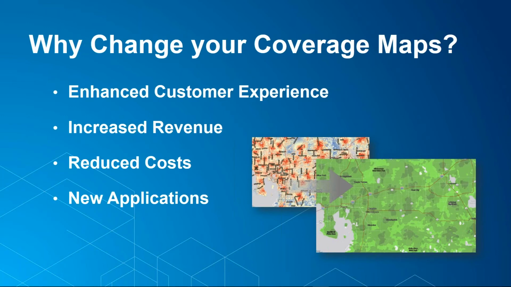So when somebody's coming to you and you're updating your maps now, perhaps monthly or even yearly, and they want 2 or 3 more maps, previously that would have required a lot more processing time, a lot more cost. But now, when you can produce these things within hours or minutes, you can create more maps, more support for the organization. So these are many reasons why you really want to change your coverage maps out to this new capability here.